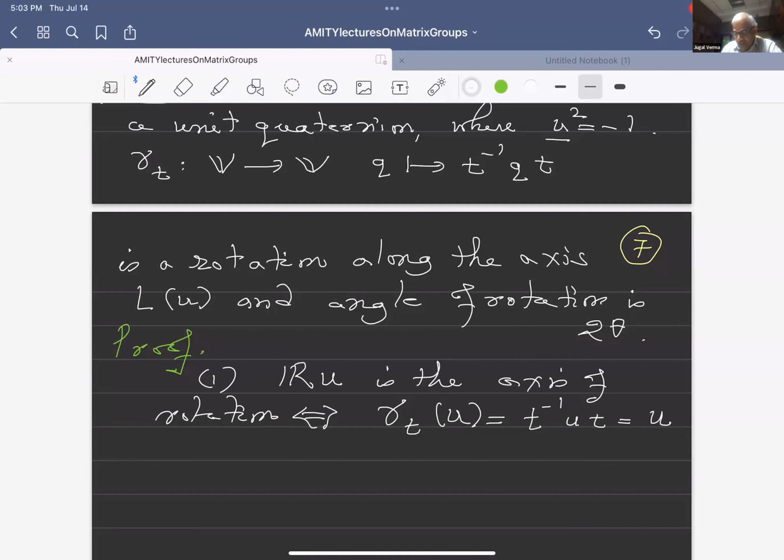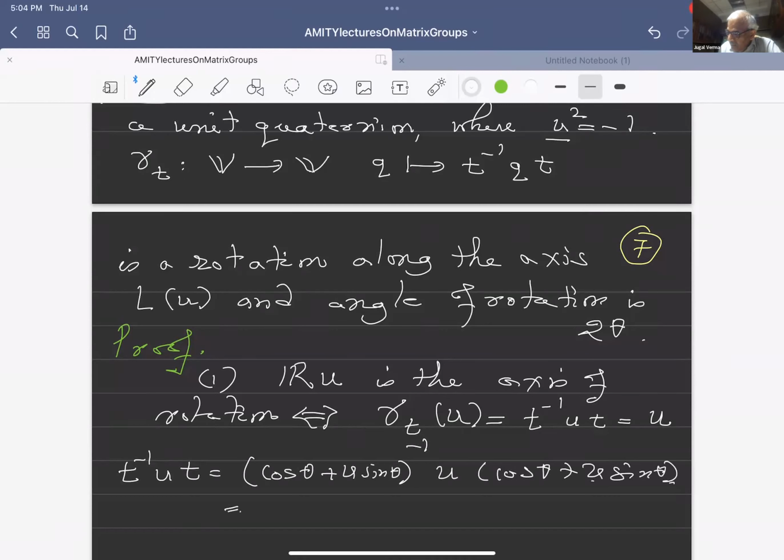Okay, so let us prove that. T inverse U T, where T is equal to cos theta plus u sin theta. And then U cos theta plus u sin theta. How do we find the inverse of a unit quaternion?